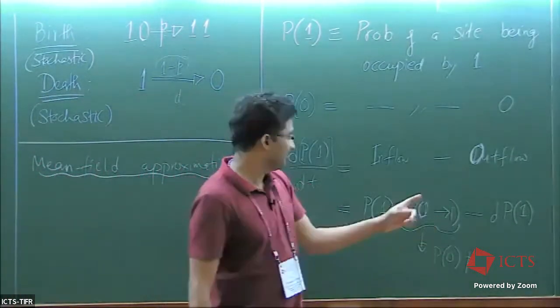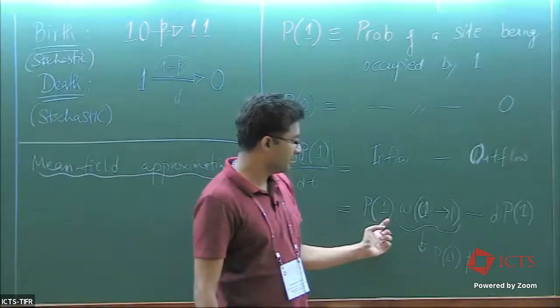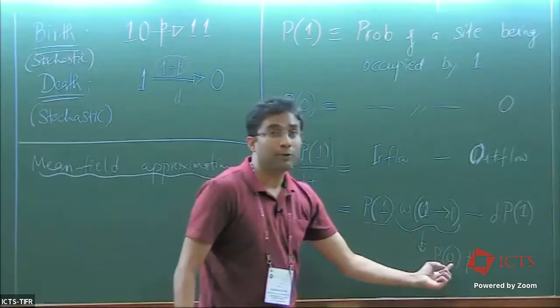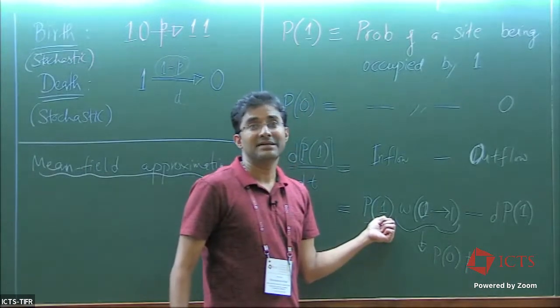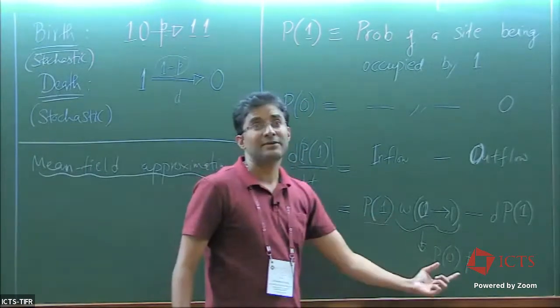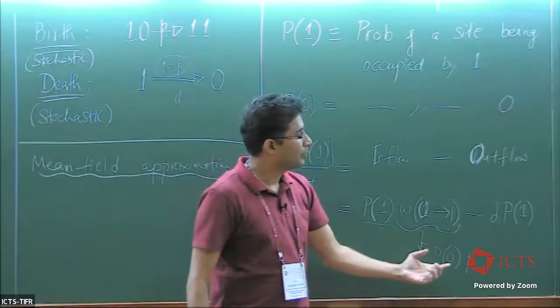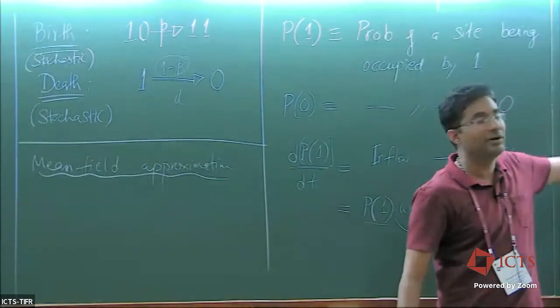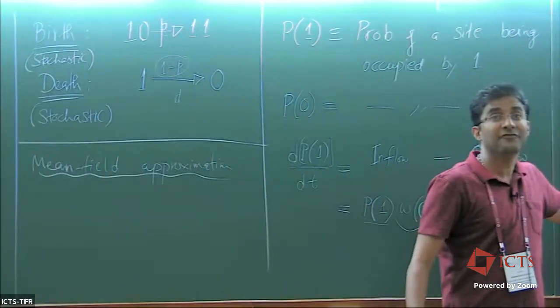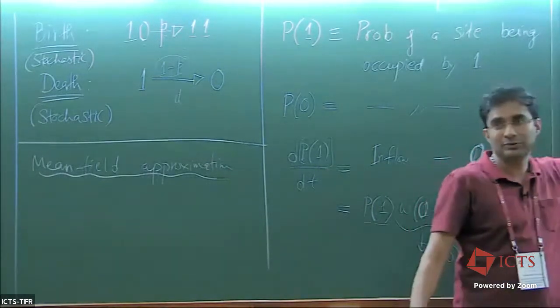So remember that P0 is conditional on a neighbor being 1. That is really what I am looking at. But what I have done in the subsequent calculation is that I have assumed that P of 1 is rho and P of 0 in the neighborhood is 1 minus rho.